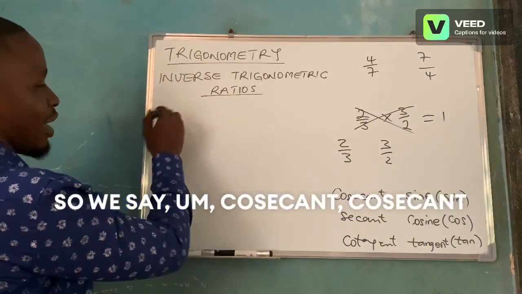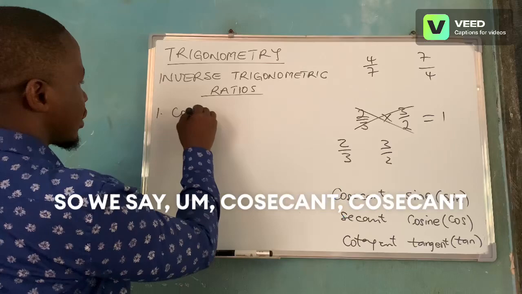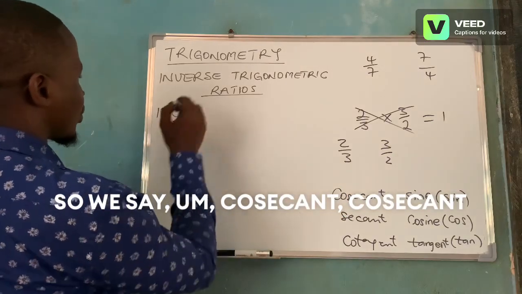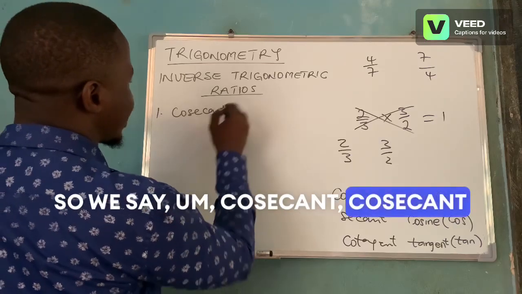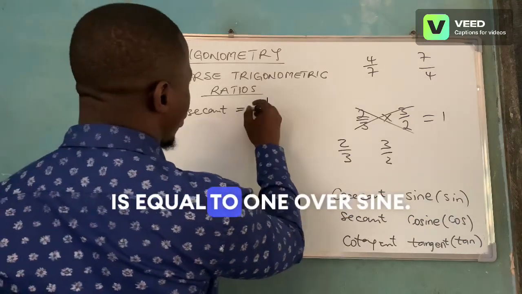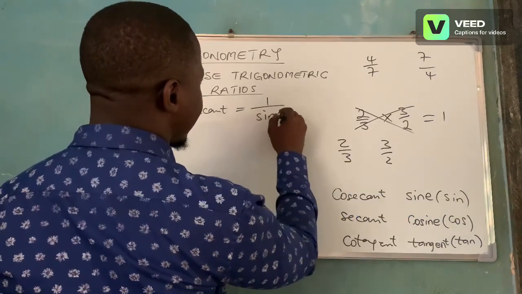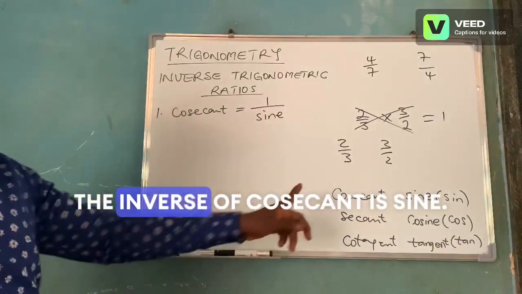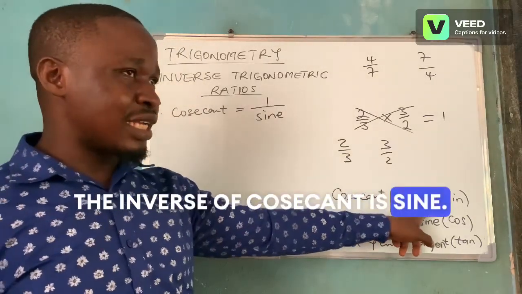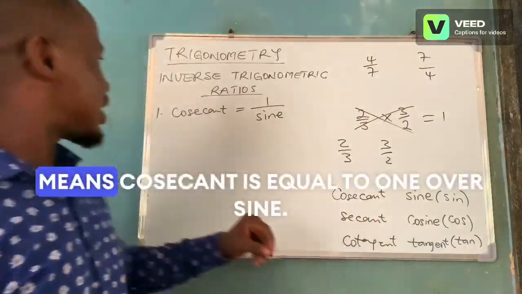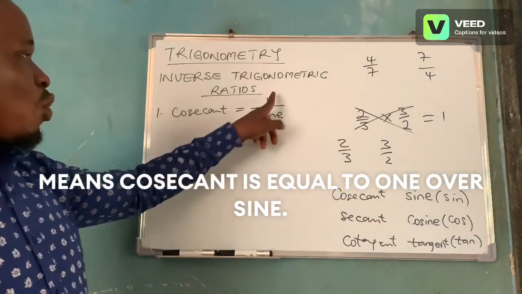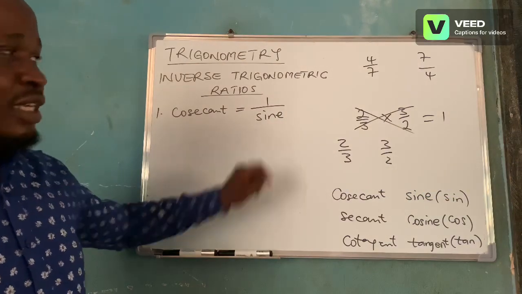So we say cosecant is equal to 1 over sine. The inverse of cosecant is sine. So if the inverse of cosecant is sine, this means cosecant is equal to 1 over sine.